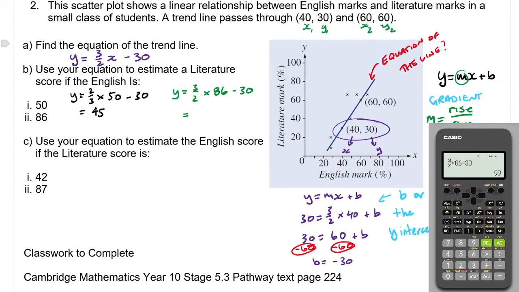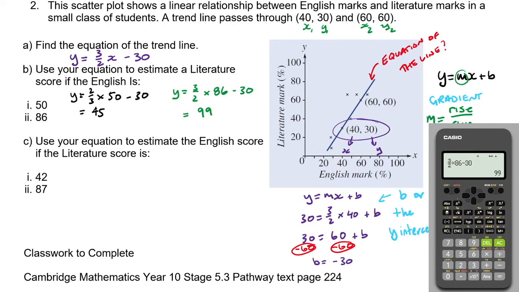I hit my equals and I get 99. So that should be our literature score.